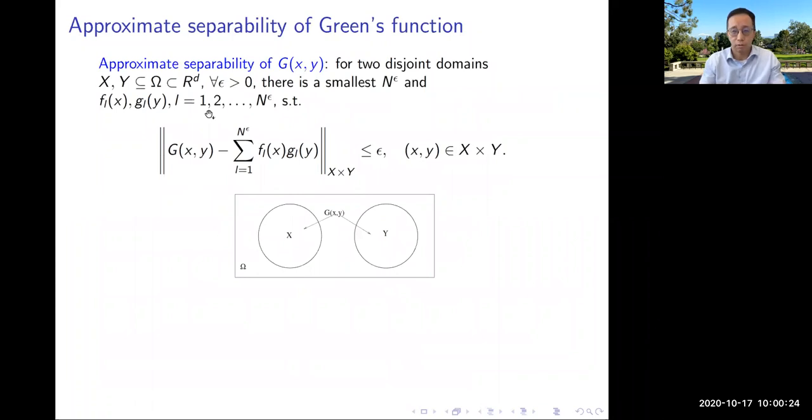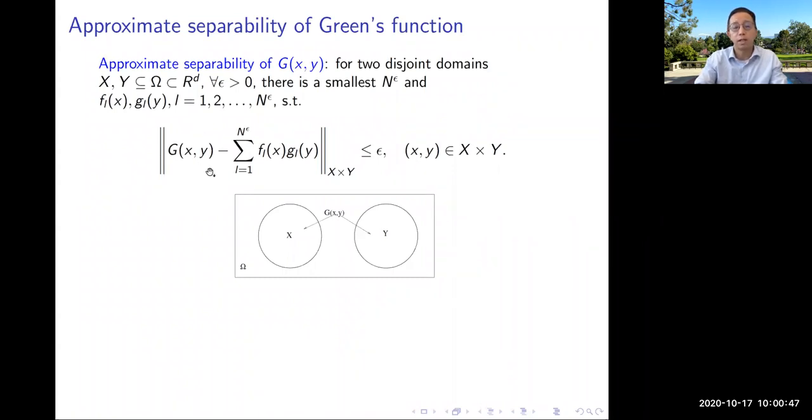So this is closely related to another property of Green's function, which is actually the same. We can study another way of saying how complicated or how rich this family of functions is, or how complicated this two variable function is.